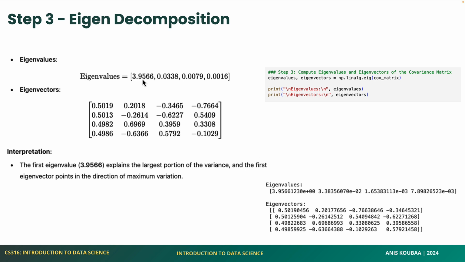Look, 3.9, 0.03, 0.00. It's like I have only one axis vector that is strong. All these features are like only one vector. I can compress them, project them into only one vector. Which vector to project?